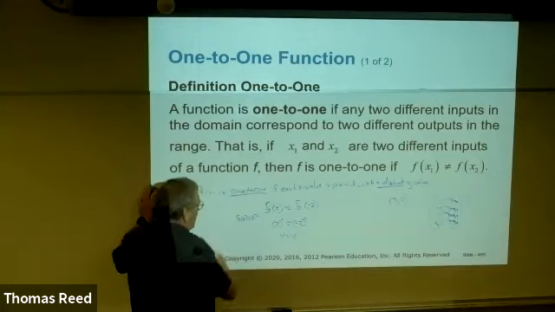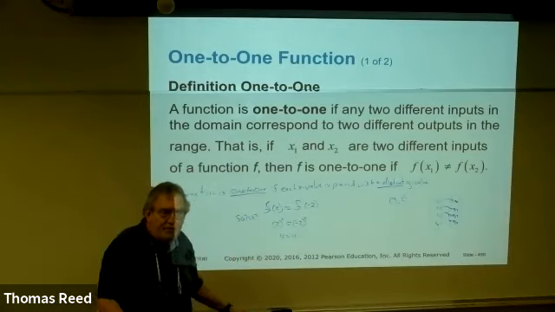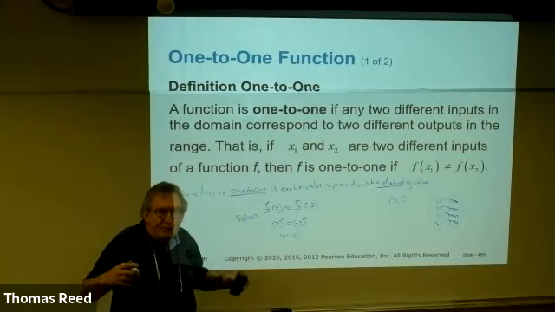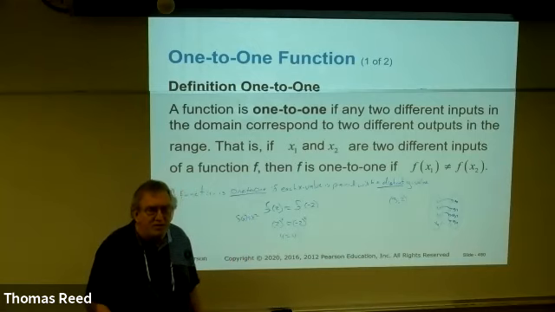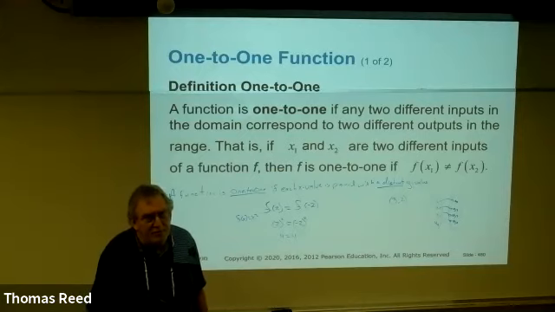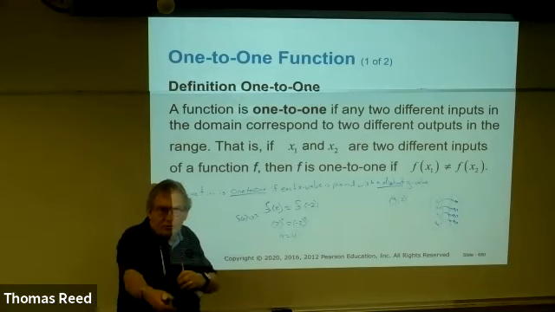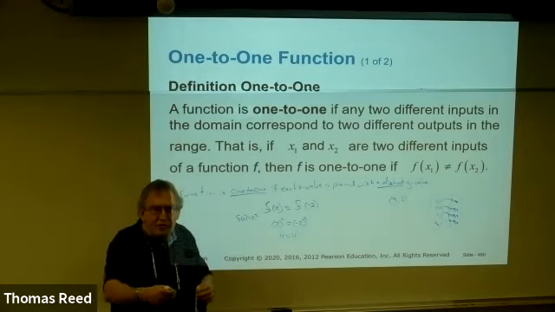One-to-one functions are a subset of functions, and they're a very special subset because certain things happen with one-to-one functions that don't happen with functions that aren't one-to-one. And one of them is that one-to-one functions, their inverses are functions. X squared has an inverse, but that inverse is a relation.